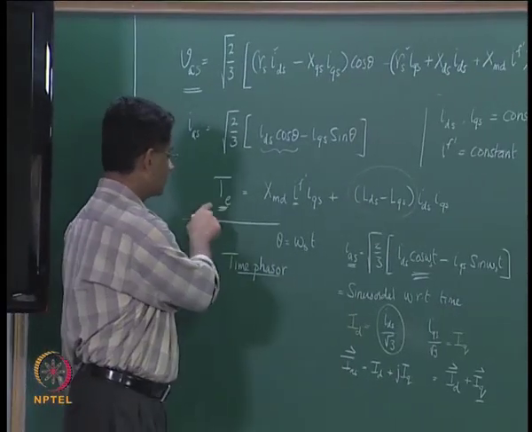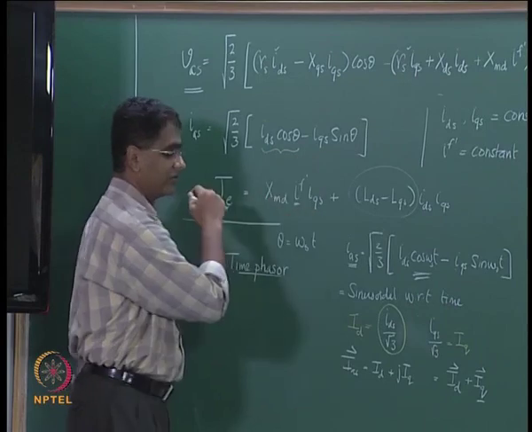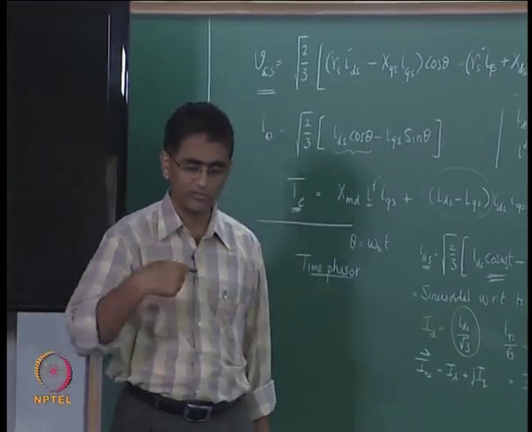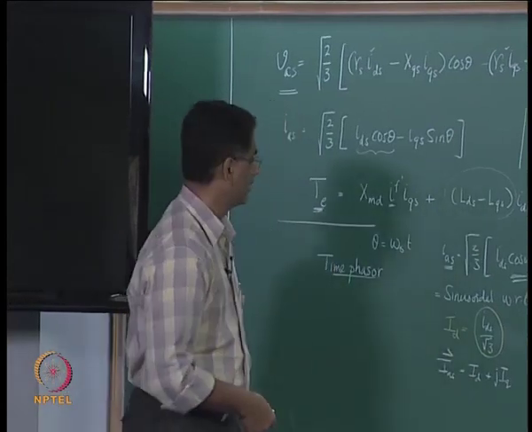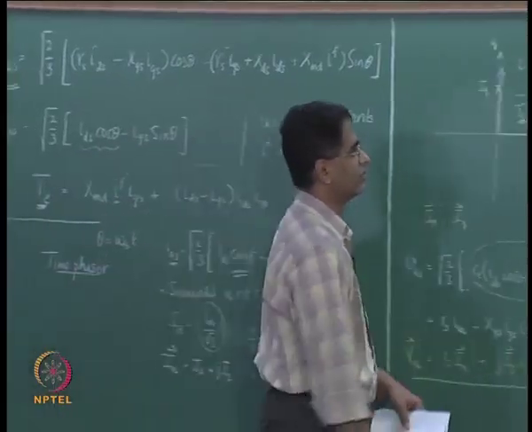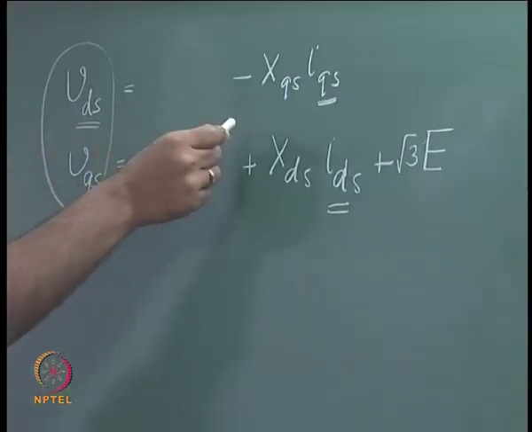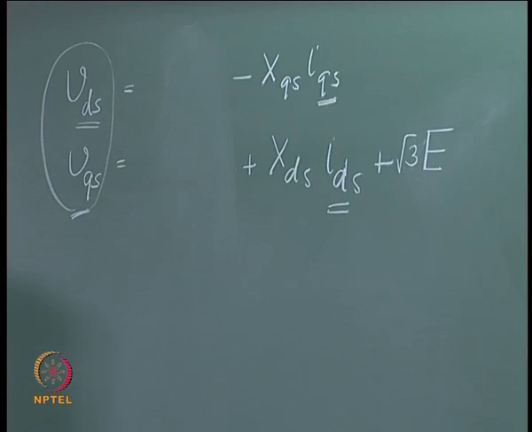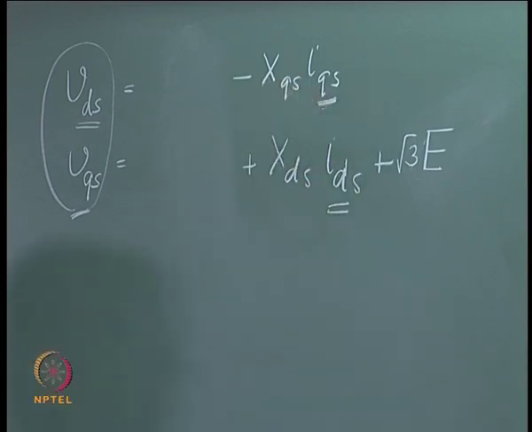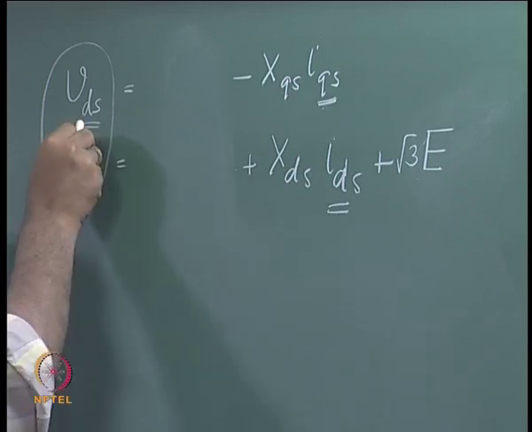Therefore if these two are equal, this must be equal to 0. IF we know is not equal to 0 because you are supplying some field current, and therefore IQS will have to be 0. If IQS is 0, then VDS is obviously 0, and therefore this cannot change, and VDS is 0.